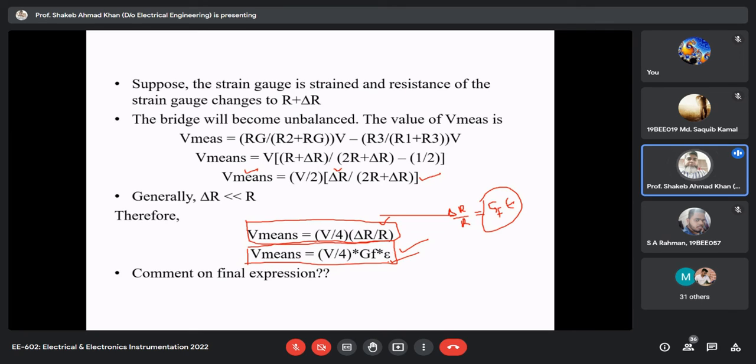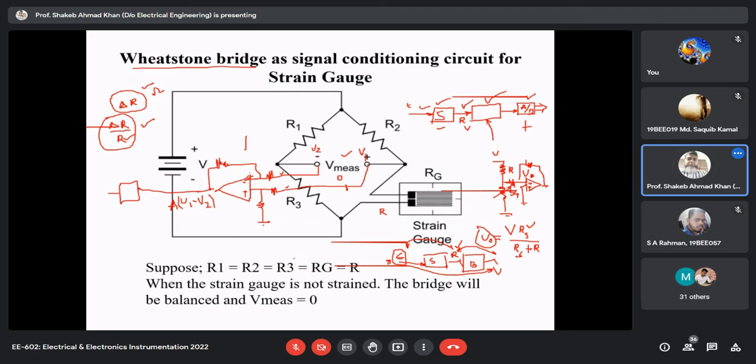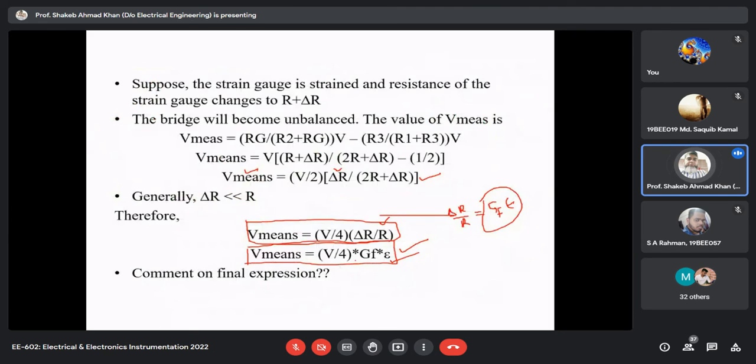So if the strain changes, your voltage will change. By measuring this voltage, if you know these constants, you can find out the strain. This is how measurement and instrumentation systems work, and this is how their input and response are related. If you have any comment, you can ask, please.